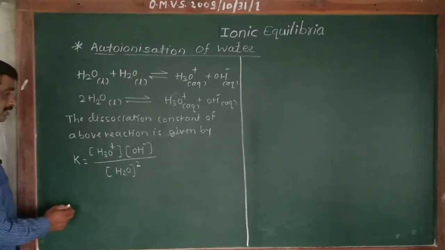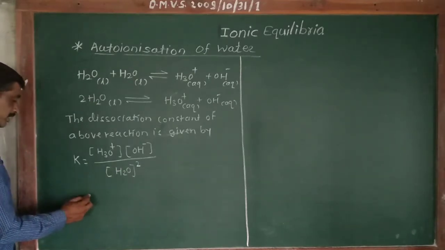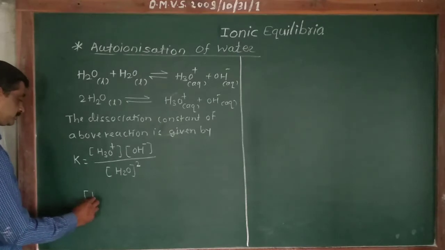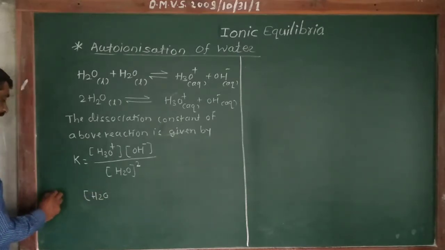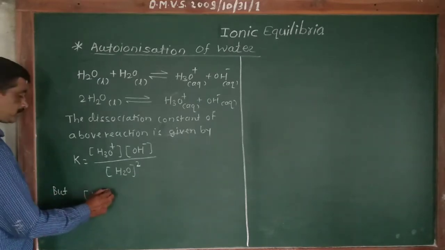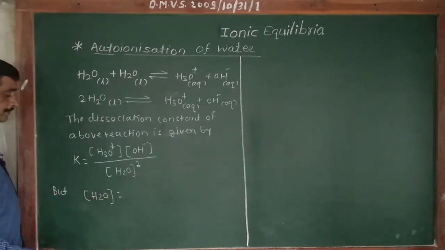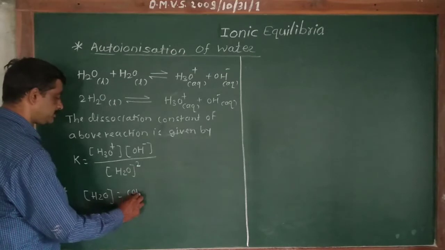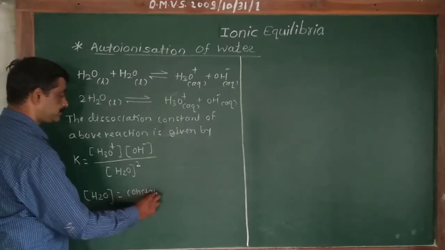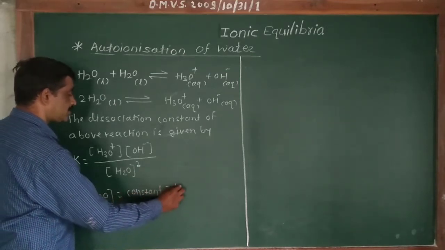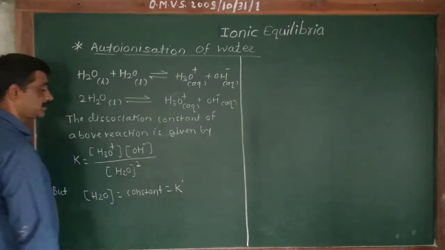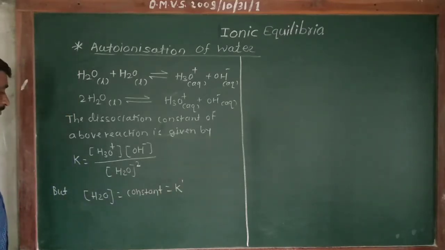So for any chemical reaction, we say that the concentration of water remains constant, and that constant concentration is represented as K dash.